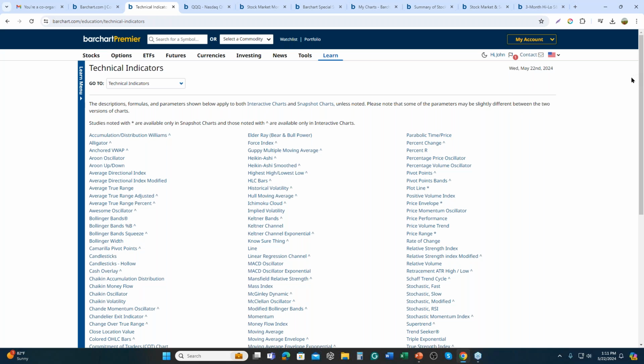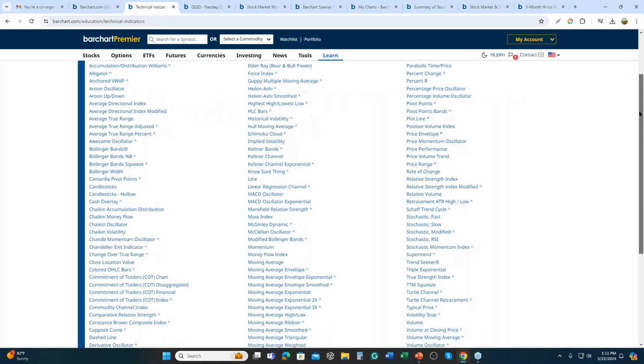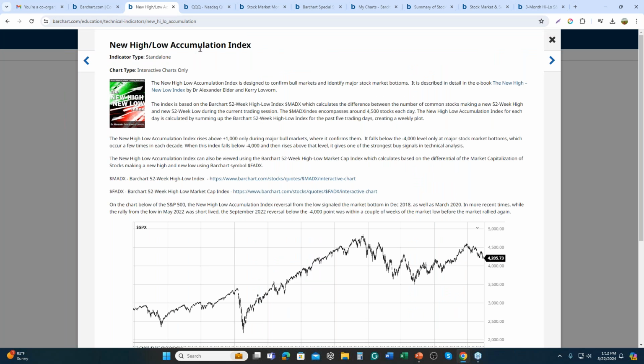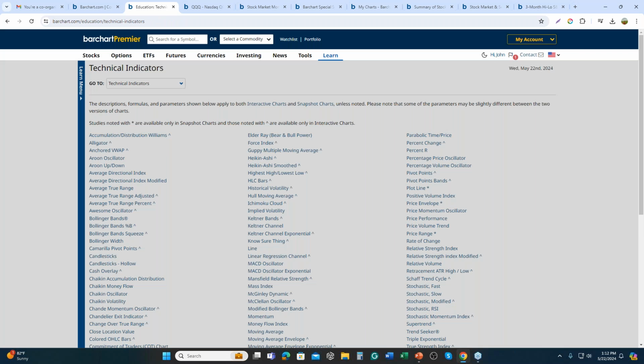I just want to show you, for instance, the new high-low accumulation index. This was created by Alexander Elder. We're going to talk about him a little later, but this is based on 52-week highs and lows. What is interesting about this description is that it starts to hint at those special symbols that can be found on Barchart.